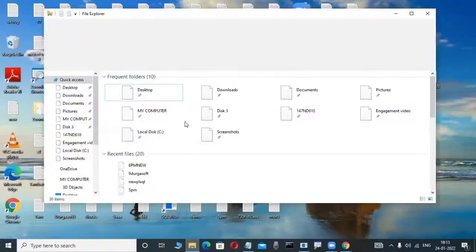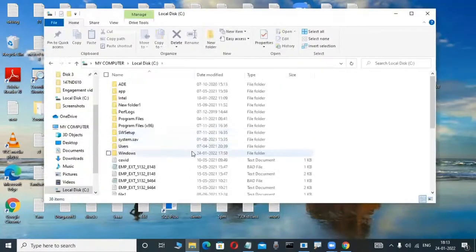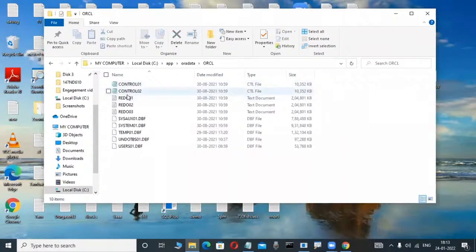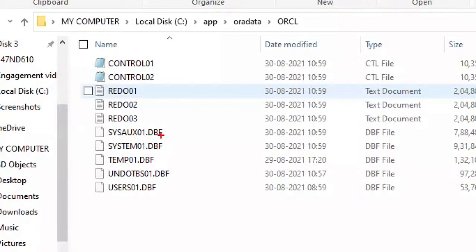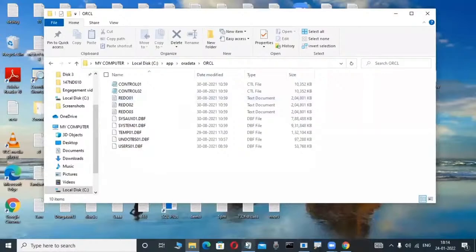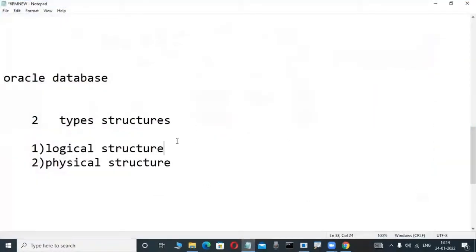I'm installing Oracle, how to install it we will learn in the next classes, don't worry. Say I install Oracle in the C drive or somewhere, and in this C drive your table is not available. Whatever table I'm creating is not visible in the C drive or D drive. That's why a logical structure means a structure which is not visible in the operating system.